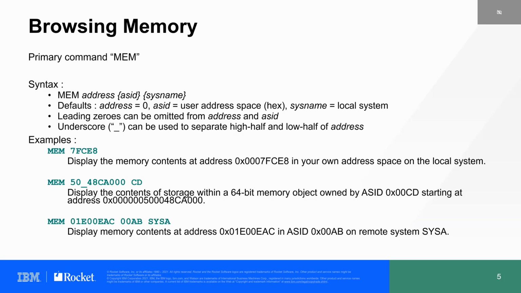So that's a 64-bit address where we're taking the high half before the underscore, and then the low half as the hexadecimal characters afterwards, in address space 00CD. So that will enable a 64-bit memory browse in that address space. And then, this heroic syntax at the end here when we've actually specified the system name as well. But obviously, no real human is going to be typing that, but it is available within the functionality.